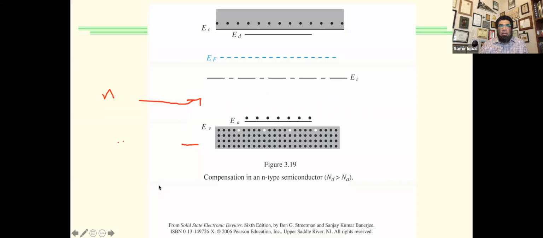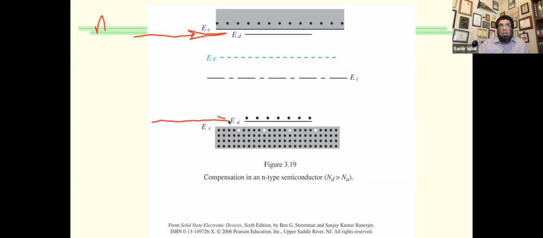So if I go back to this one, what we are doing here is either introducing levels close to the conduction band, that's N-type, or close to the valence band, these are called P-types. So let's focus on P-type only.